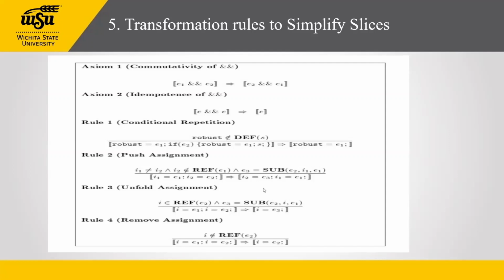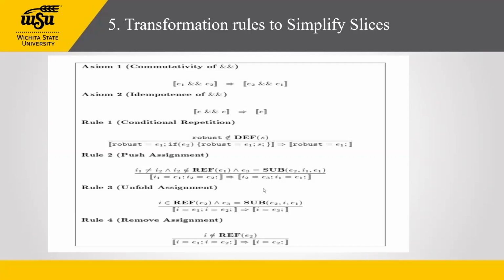The first is called the commutative law, and it is denoted by an equation like E1 and E2 is equal to E2 and E1. For example, A plus B is equal to B plus A.